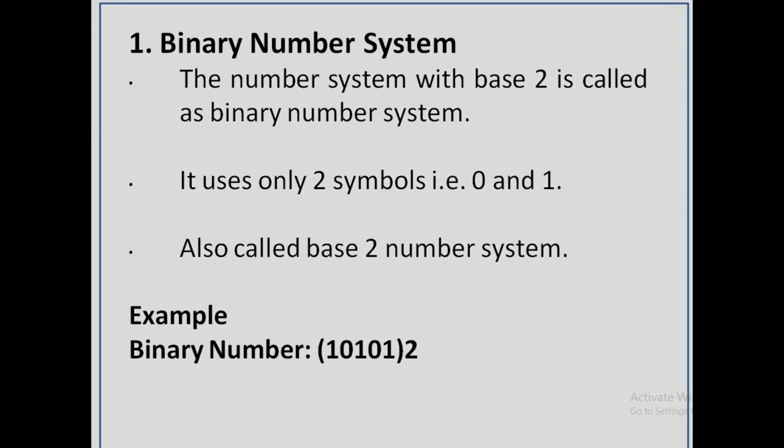Why its base is 2? Because it uses only 2 symbols, that means 0 and 1, and also called base 2 number system. The example of binary number system is 10101 and bracket complete, after that there is a 2. That 2 indicates the base of binary number system.